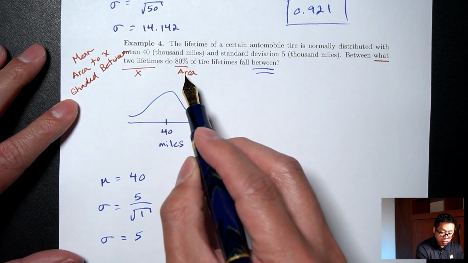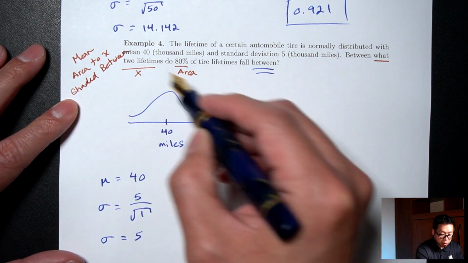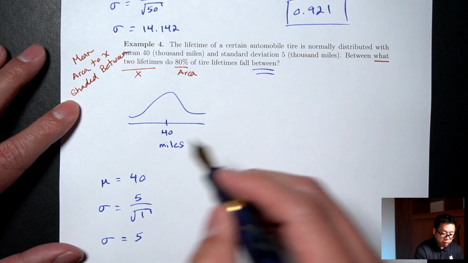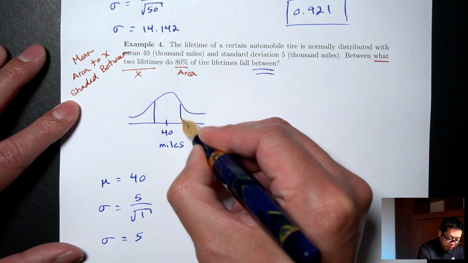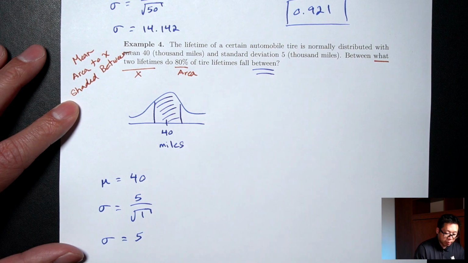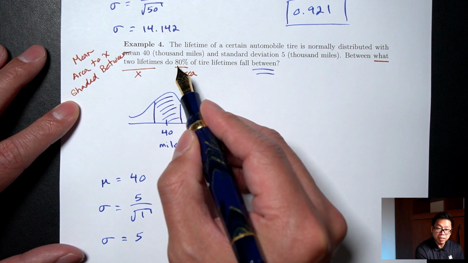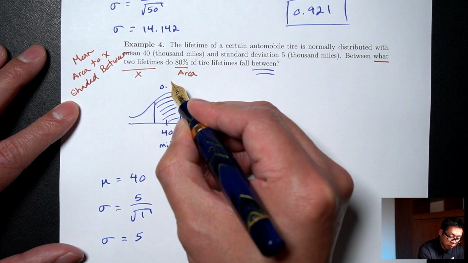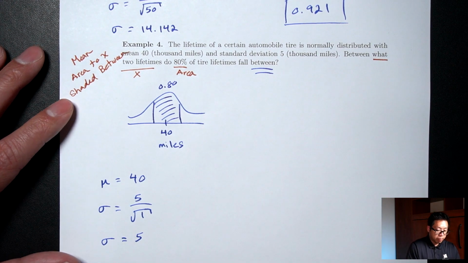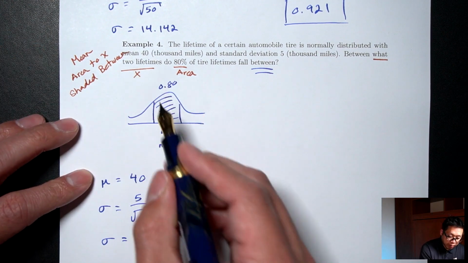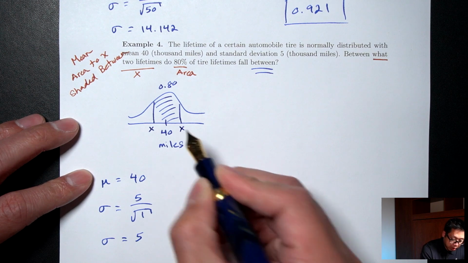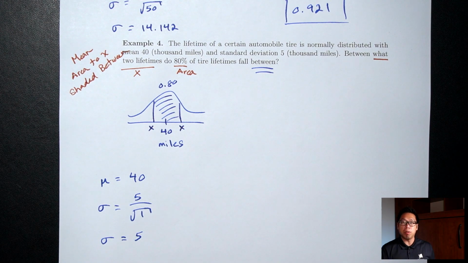That 80% is an area, so it doesn't go on the x-axis. It's going to go up top here. We said it's going to be between. 80% as a decimal is 0.80. And then we're looking for the two tire lifetimes, so the two x's here, that have an area of 0.80 between.